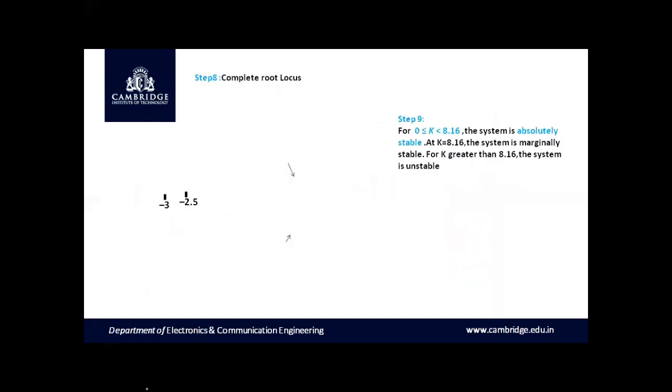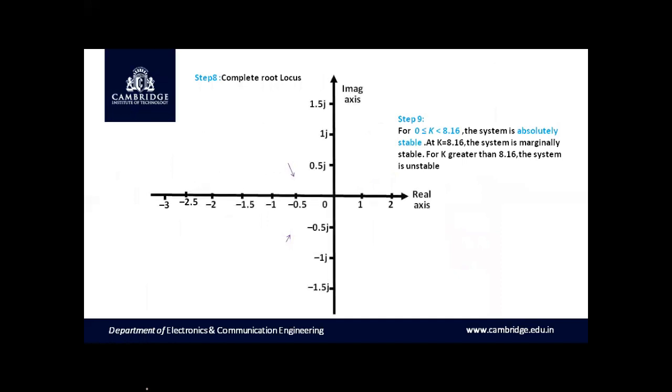Moving on to the next step, we have to plot the complete root locus sketch. Making use of all these steps, starting from locating the poles and zeros in the S-plane, then representing the centroid and the angle of asymptotes, followed by the region of root locus, and plotting the breakaway point exactly at minus 2.288.